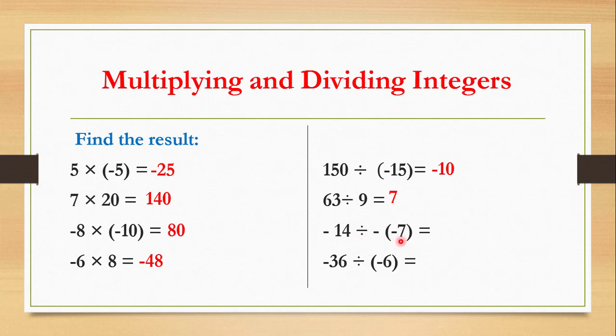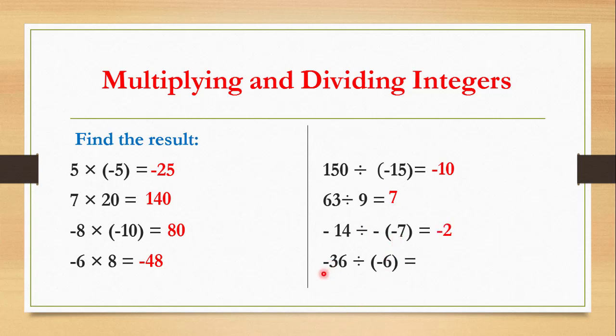Negative 7 means the inverse of negative 7, and we know that the inverse of negative 7 is positive 7. So we have negative 14 divided by positive 7. Different signs, so the result will be negative, so negative 2.